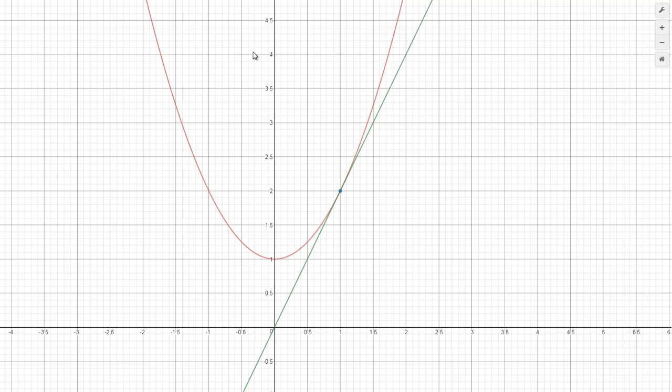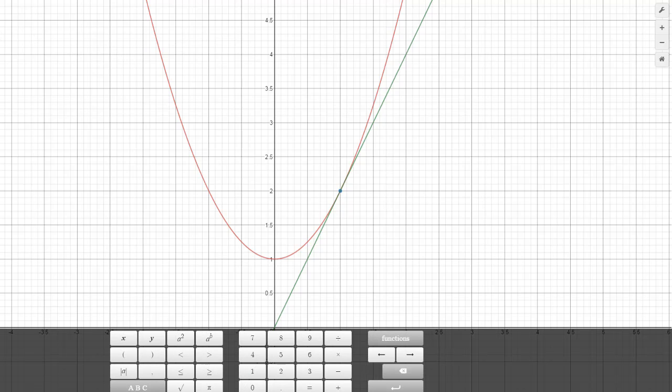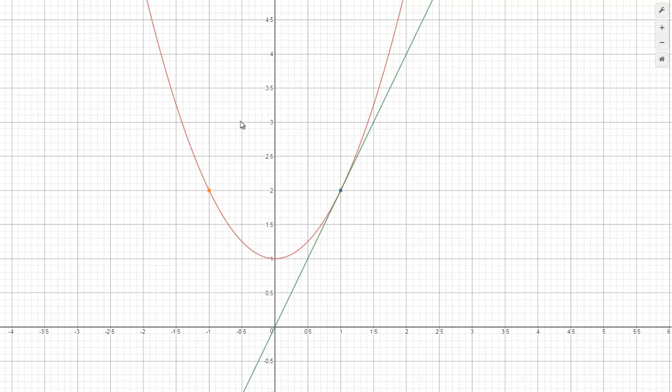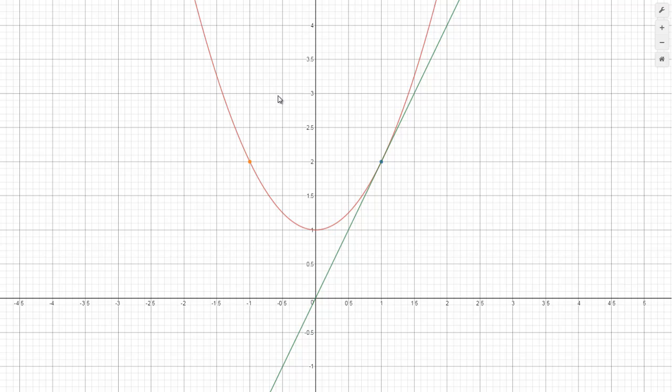Now, what do you think about that other point? The other point we were talking about was negative 1, 2. So there's the orange point. What would you suspect the slope of that line is, considering we know the equation of this green tangent line?